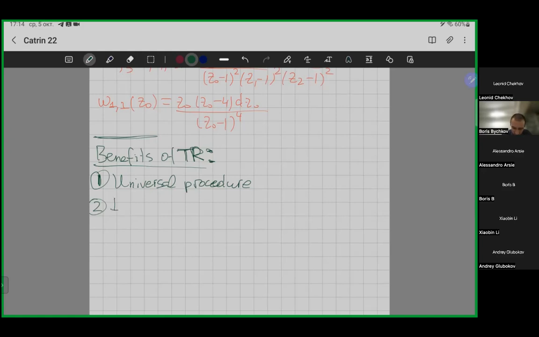So in many cases, maybe in most of the cases, it's a very efficient way to compute H_{g,n}, or its Taylor coefficients.